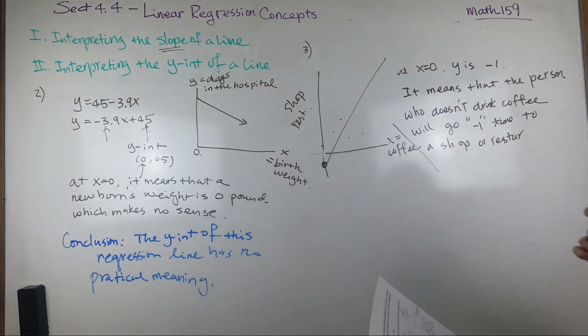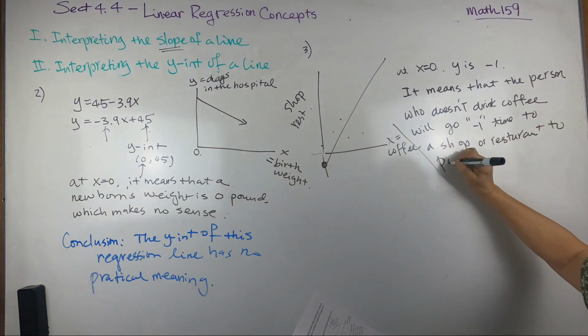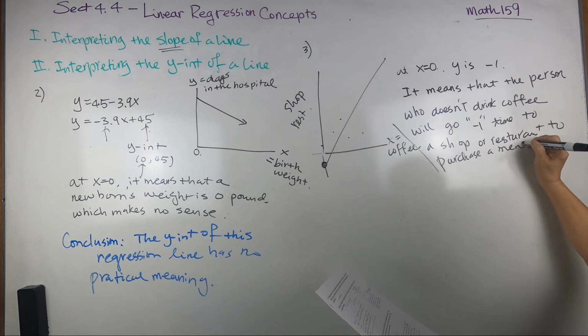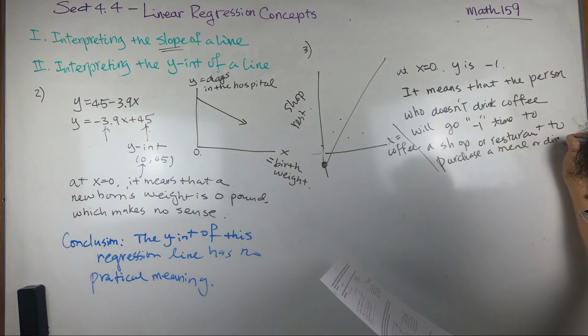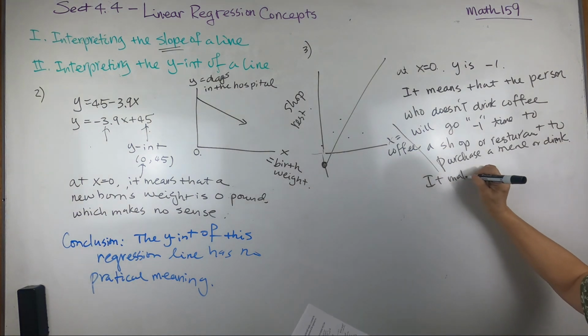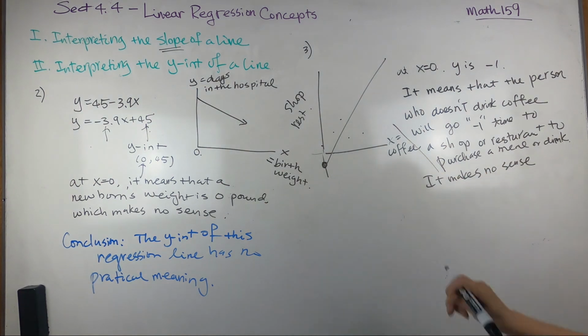That's what this graph is telling us, okay? To purchase a meal or drink. Does that make sense? No, it makes no sense. Right? So that's what it's telling us.